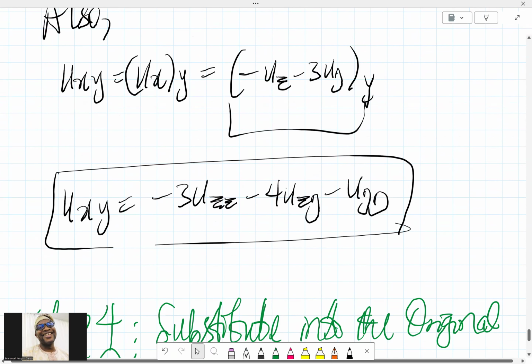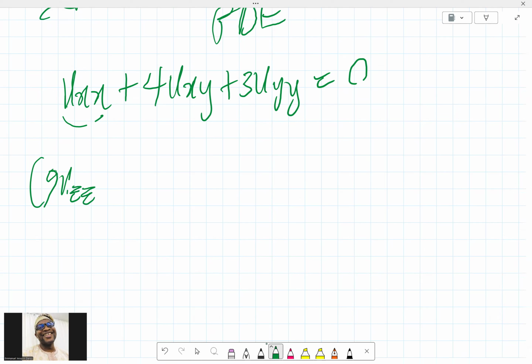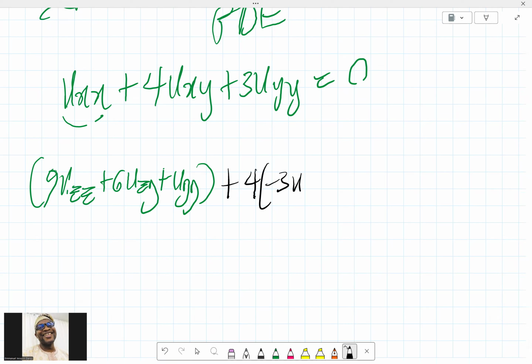So for uxx we have 9u psi psi plus 6u psi eta plus u eta eta. Then plus 4 uxy, which is minus 3u psi psi minus 4u psi eta minus u eta eta.